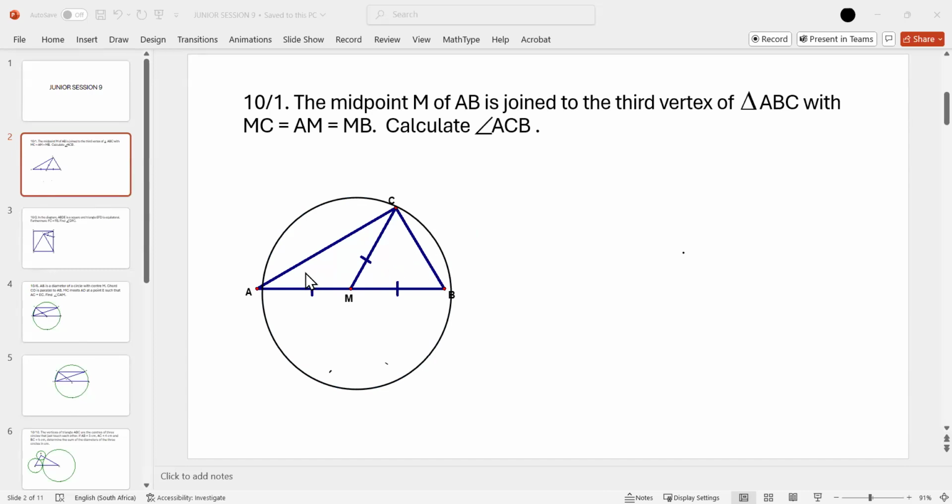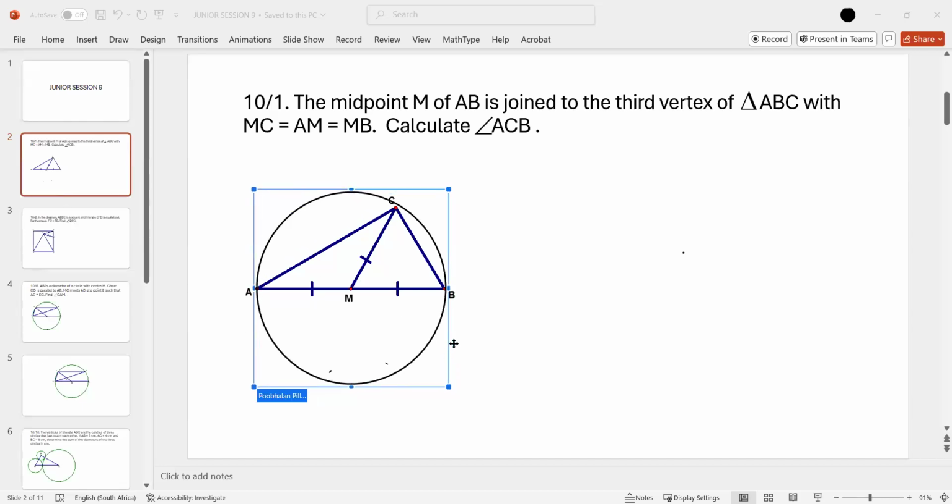But then if you look at this, it means that what we've got here is a circle, and because M is the center, and you've got a line going through the center, that's a chord. A chord is a line segment that joins any 2 points on the circumference.